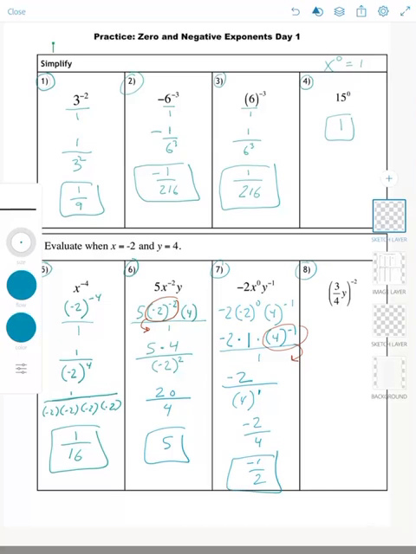And the last problem, we're going to substitute in 3/4. Now, it'll make it easier to put the y on the top, so that's a 4. And that whole thing is to the negative 2 power.